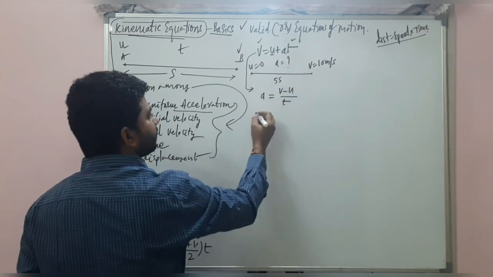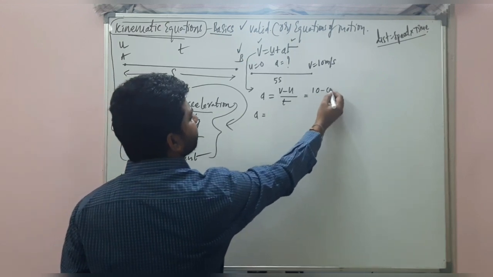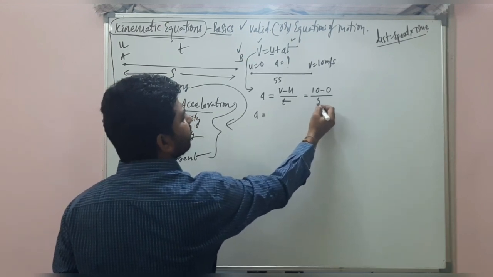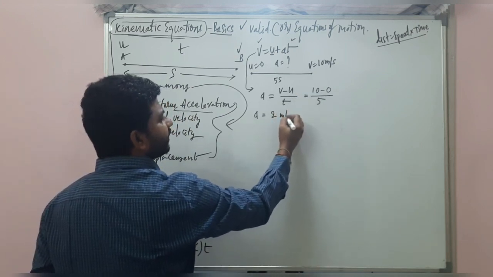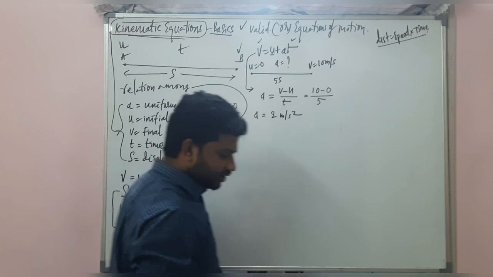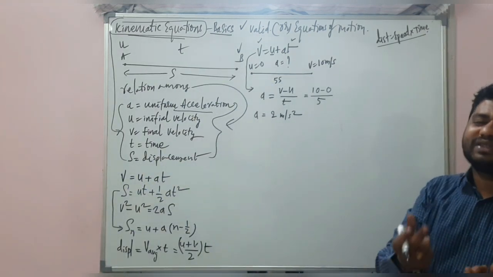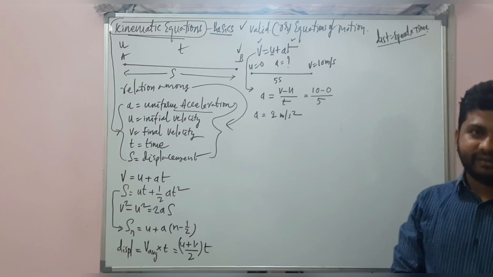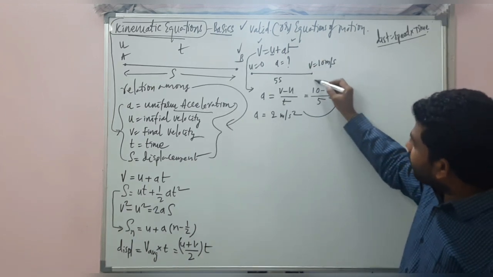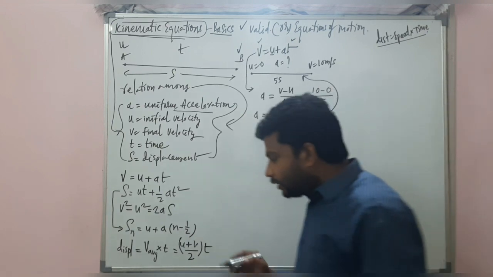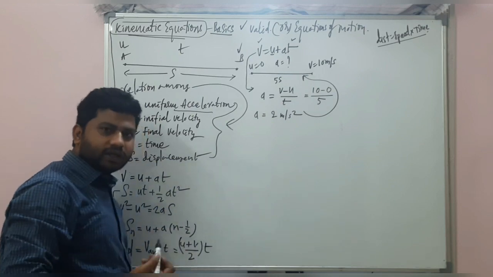Acceleration is equal to final velocity 10 minus initial velocity 0, by t which is 5 seconds. So 10 by 5 is 2 meter per second square. The SI unit of acceleration is meter per second square. Understand? So basic questions like these will be asked, my dear students. Here the body is moving with 2 meter per second square. Now the question is, using this data, let us find the distance traveled from here to here.